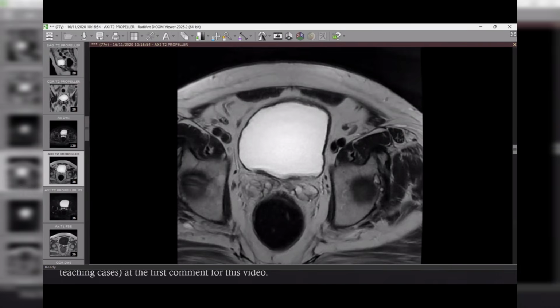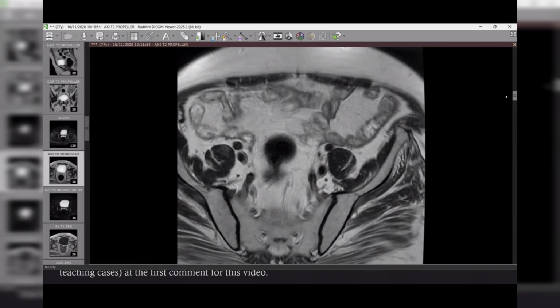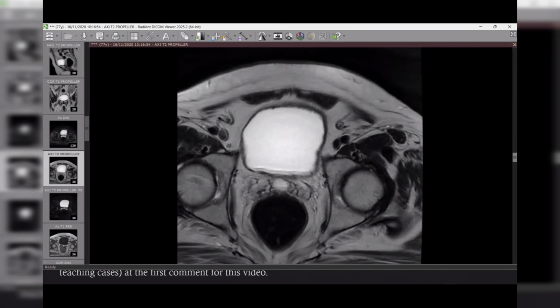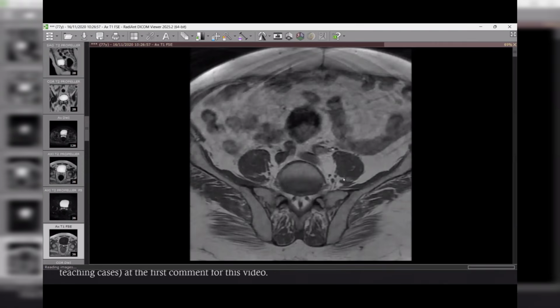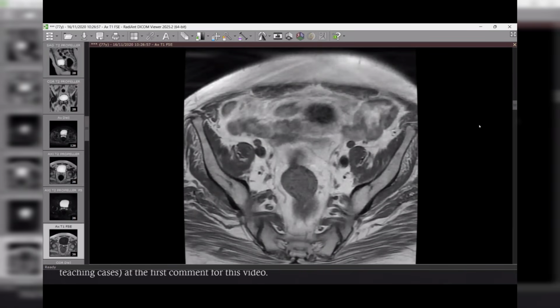Okay. Which sequence do you want to see to help you more? I would want to have a look at the T1 and the post-contrast images if available. Okay, so this is the T1 weighted image.